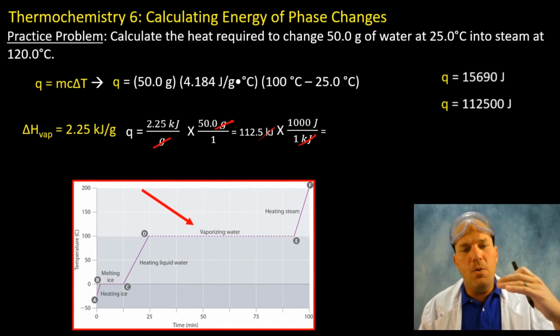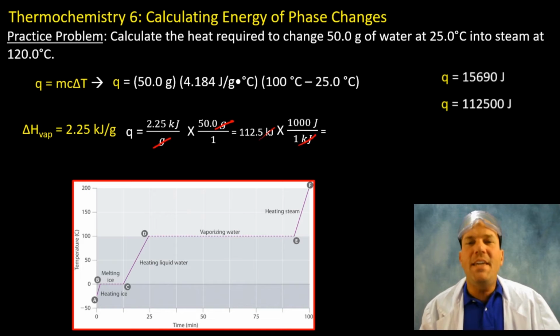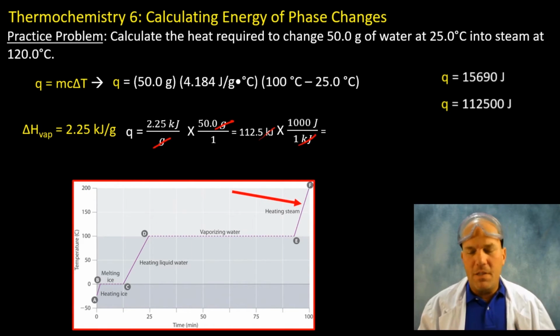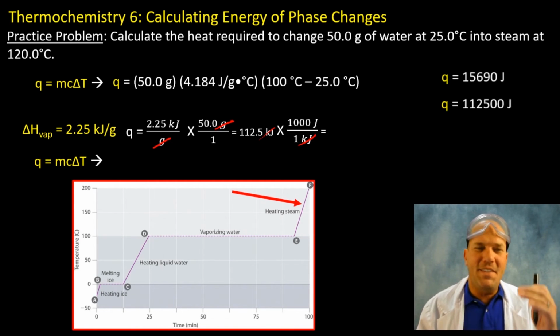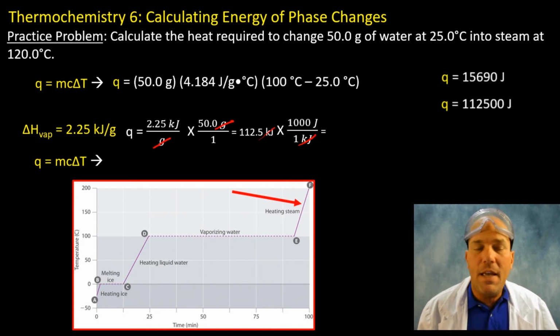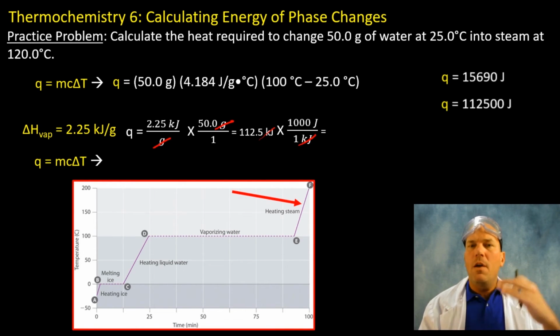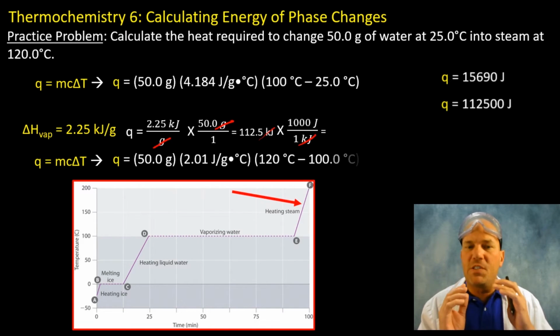So we need to go to our next segment, which is from E to F, where we're heating up again. So that means we're going to use Q equals mc delta T for a second time in this problem. We're going to have our temperature, we know the amount, we know the specific heat capacity for steam.